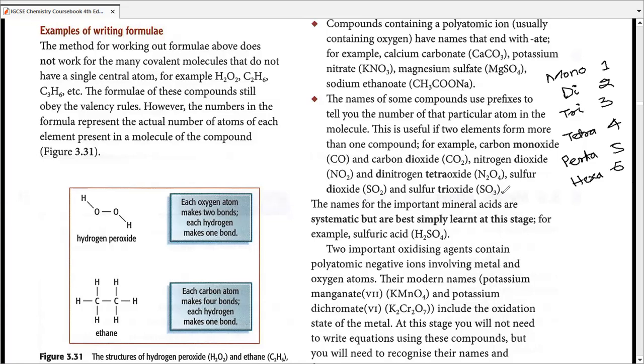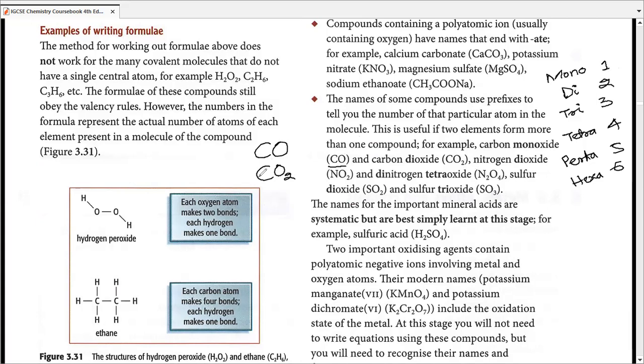Now, the rules are pretty simple. They're not mentioned over here, so I'm going to mention them for you. For the first element, if the number of atoms is 1, you never use the prefix mono. All right, for the first element alone. For example, this will not be monocarbon monoxide. It's just carbon monoxide. Make sense? This one is carbon dioxide, not monocarbon dioxide.